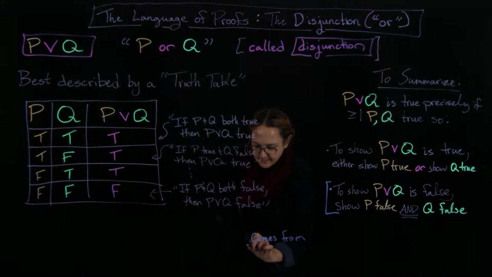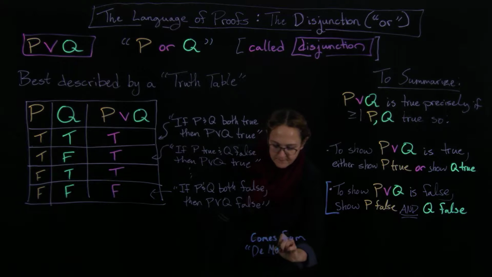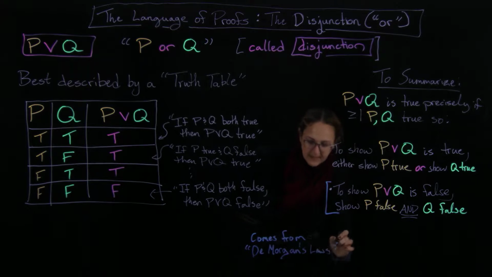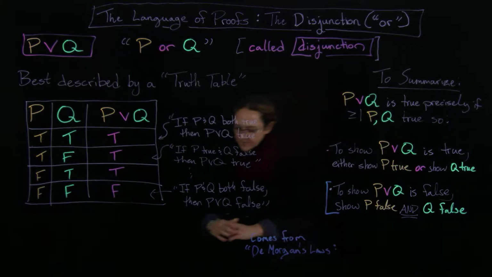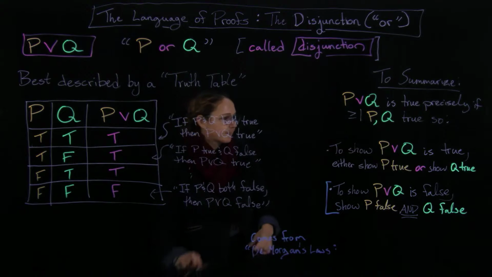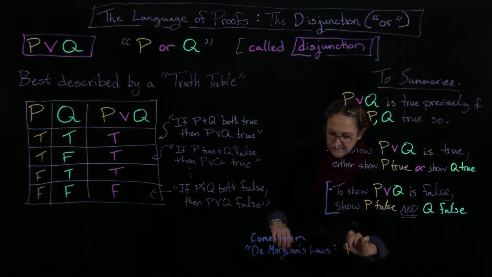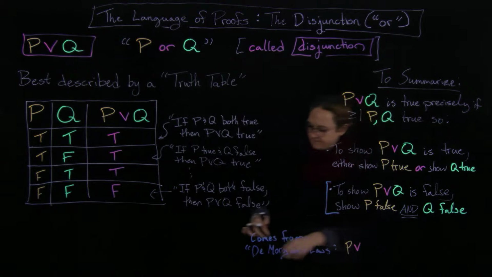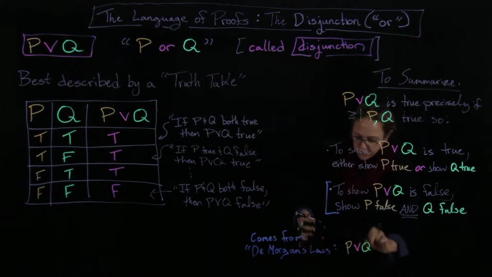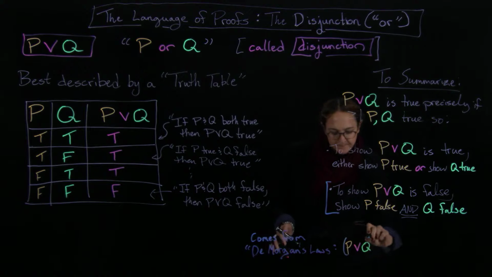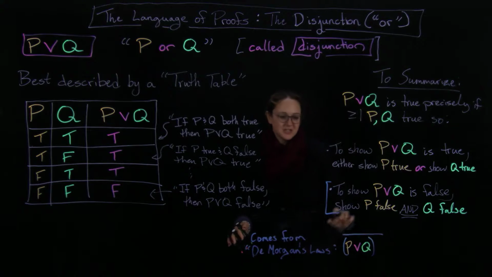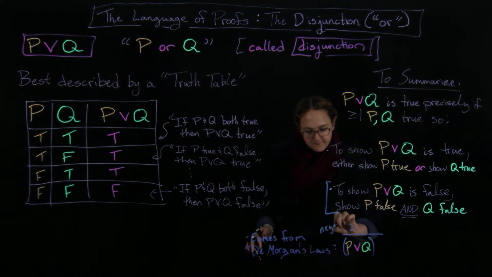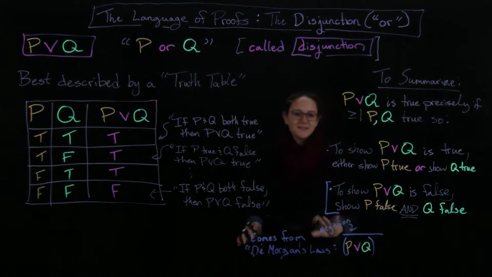It comes from one of De Morgan's laws. The De Morgan law it comes from is that if I want to take P or Q and negate it, how do I negate something like that?